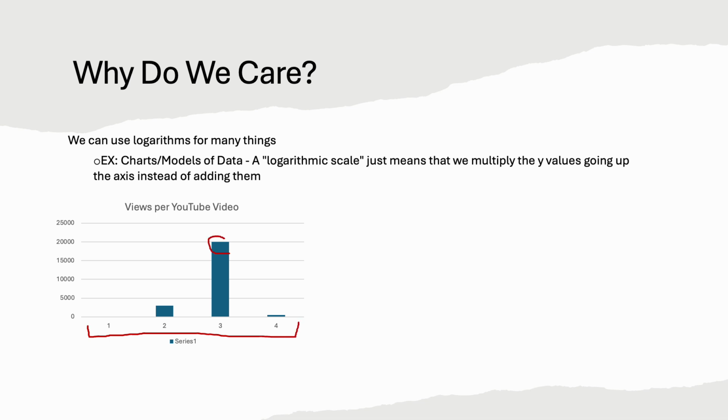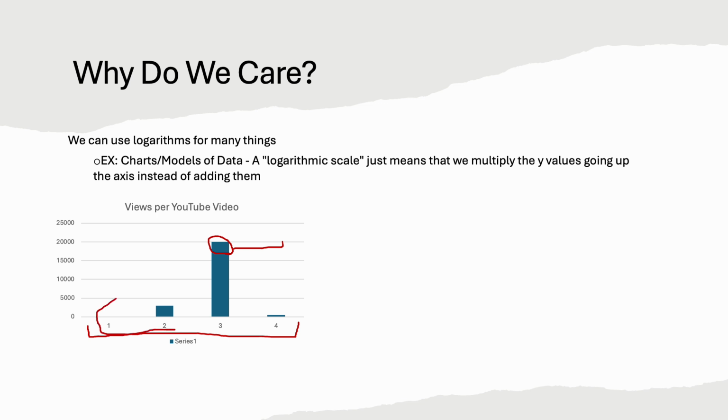And this one up here we just have a linear scale. It's going to go by 5,000. So 5,000, 10,000, 15,000, 20,000, and 25,000, right? And because of that, with video number 3, we can easily see it has around 20,000 views, right? Maybe not exactly, but we can really easily see that.